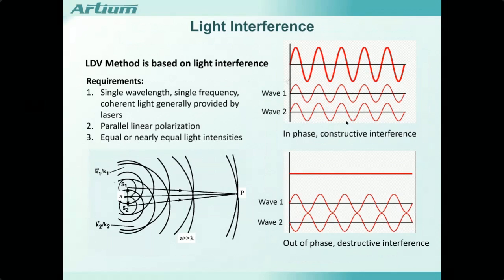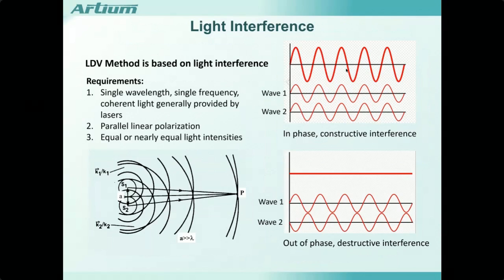On the right here, I've shown some diagrams of light waves that are going to interfere. For constructive interference, if the light waves are in phase, we'll get addition, so we have a strong intensity interference. And this shows up to our eye as a bright line or a bright fringe.